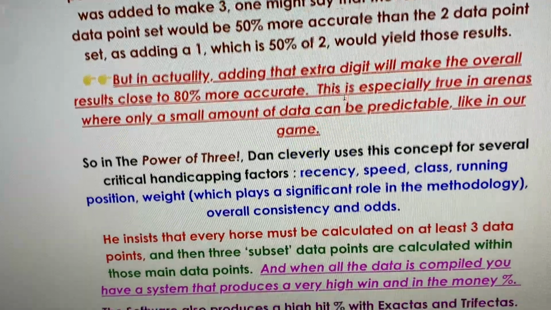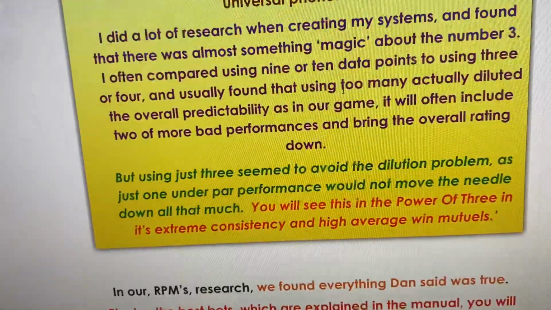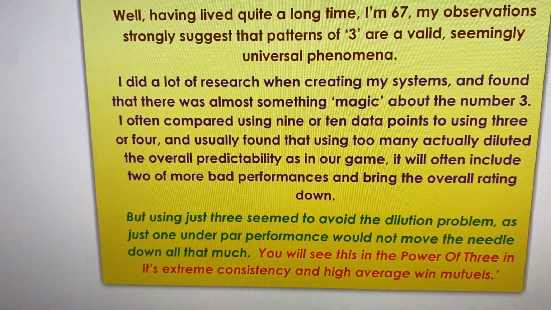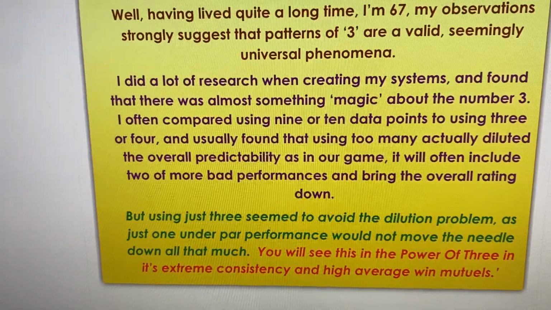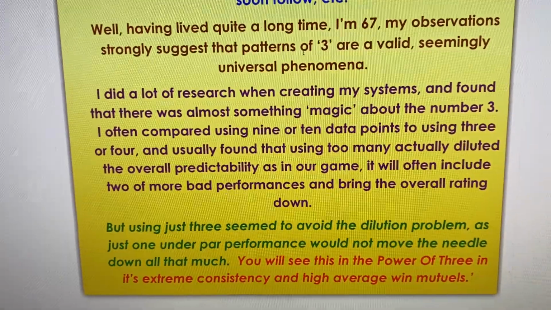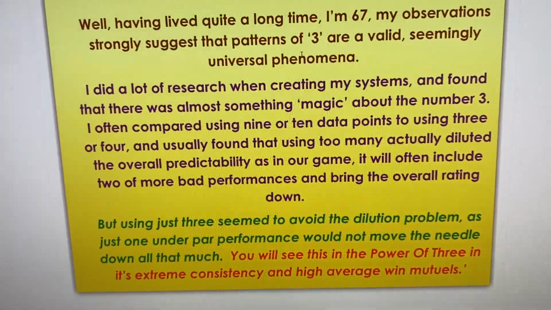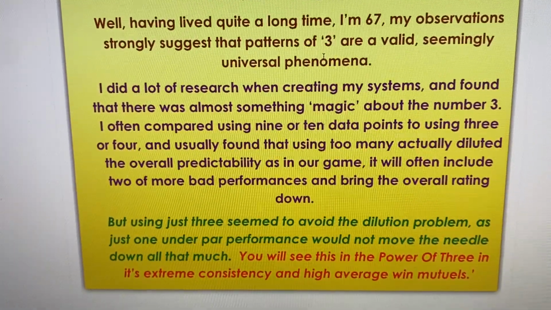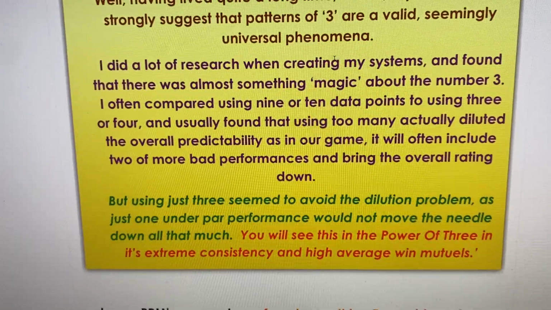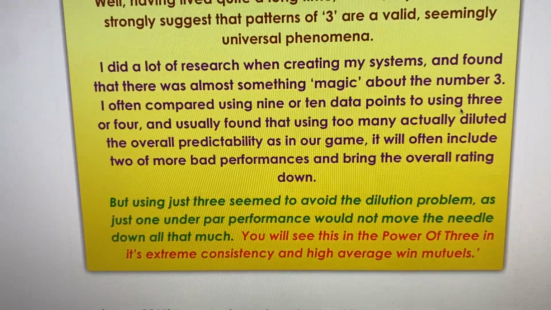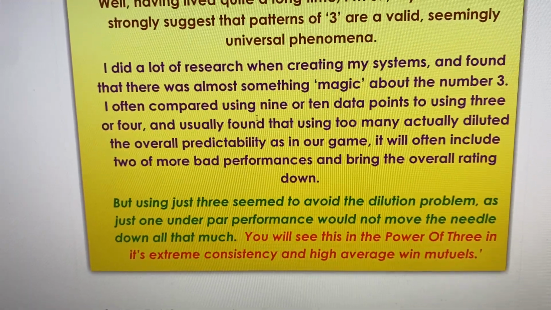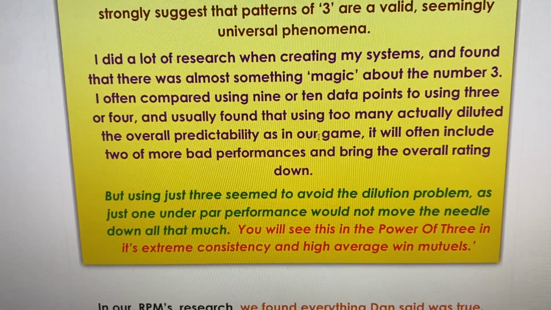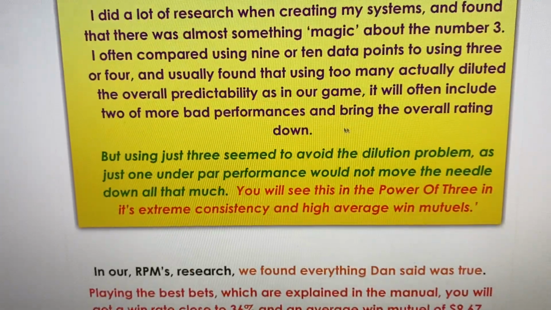He said he's been around a long time. You know what they say, how things happen in threes, etc. We've all heard that, and he's convinced there is some validity to that theory. On creating research patterns, he'd try using 9 or 10 data points compared to using 3 or 4, and he usually found that using too many diluted the overall predictability in the racing game.